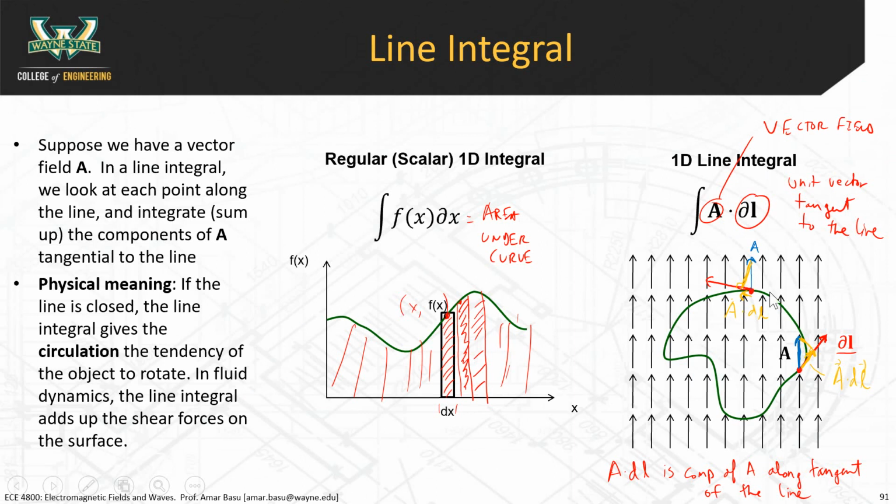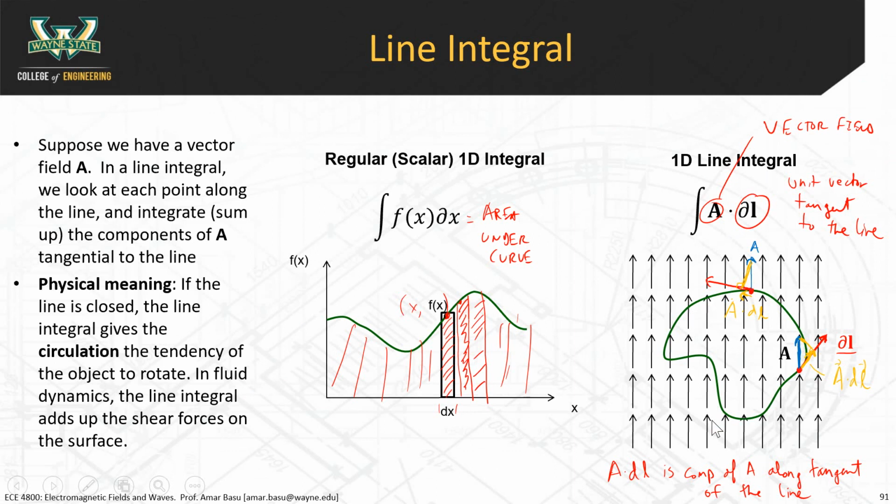When you finish taking the line integral, you sum up the A dot dl's all the way around this line. What it'll physically tell you is the tendency of the object you have drawn to circulate, to rotate, if the vector field represented some kind of force on this object.